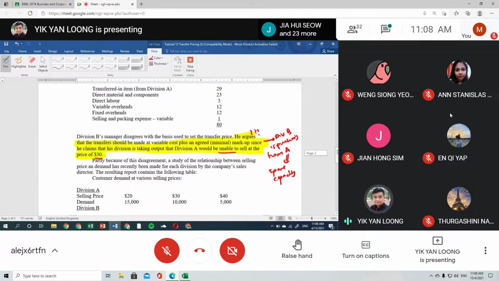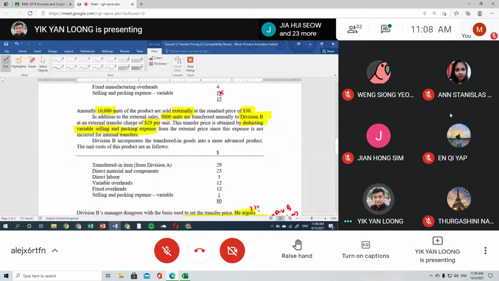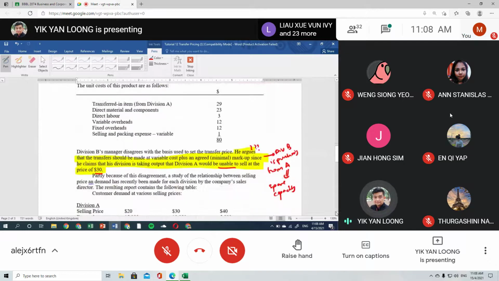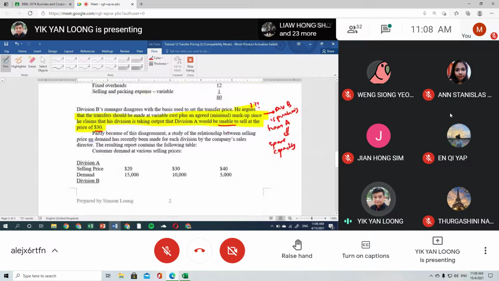So the implication here is that this internal transfer quantity is determined by division B. This 5,000 units is determined by division B. Since division A is producing using spare capacity, division A will have no say.